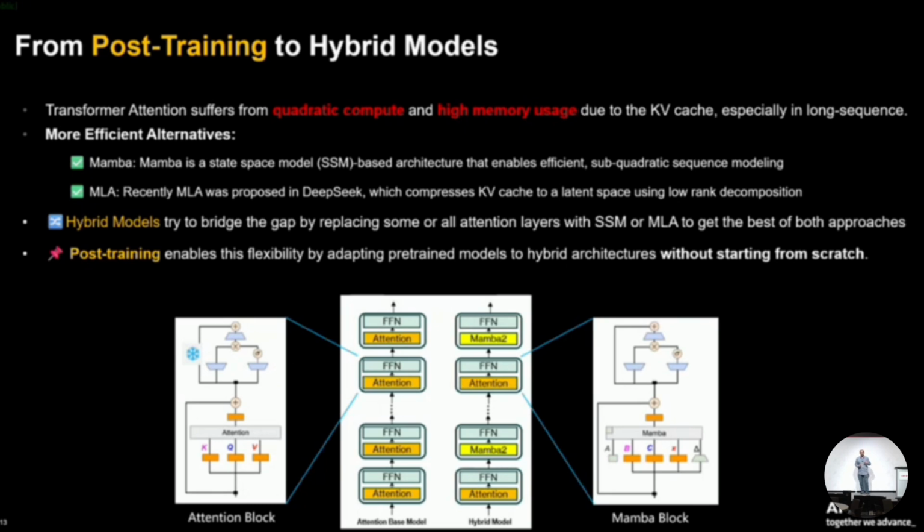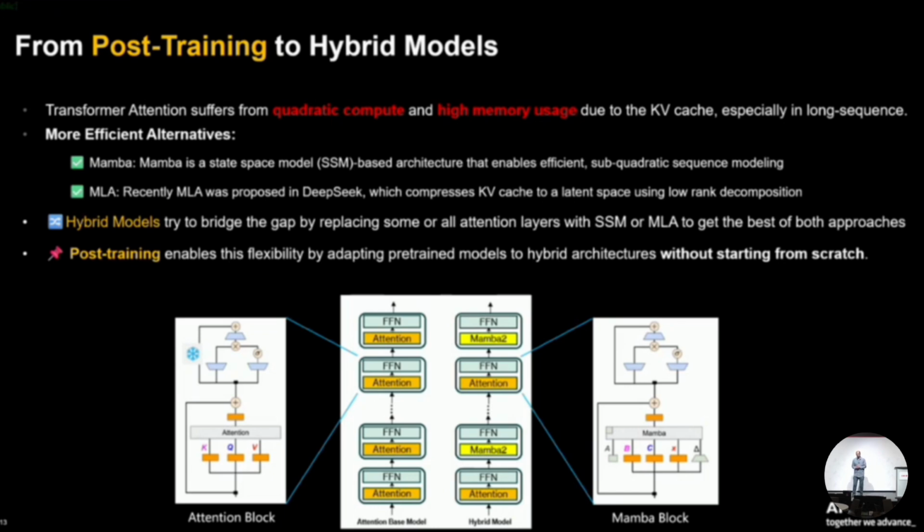But if we replace all the attention blocks, then the performance or accuracy of our model would drop. That's why we think about the concept of hybrid models, in which we replace not every attention block in the original model, but some with Mamba or other alternative efficient architectures.